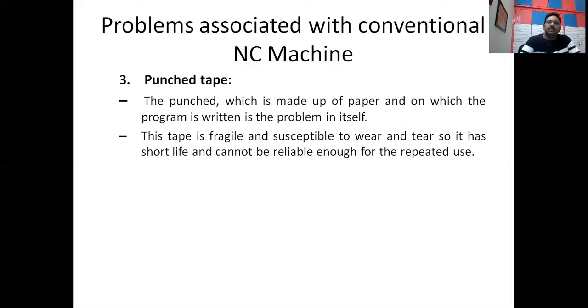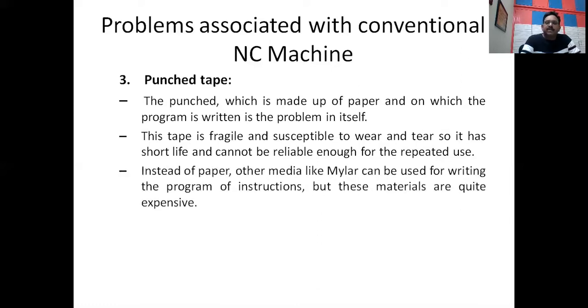Once the tape is gone, we have to prepare the tape again. So we cannot rely on repeated usage. Instead of paper, we can use another medium like Mylar and others, but these materials are quite expensive.